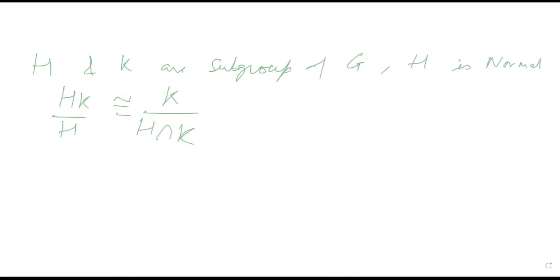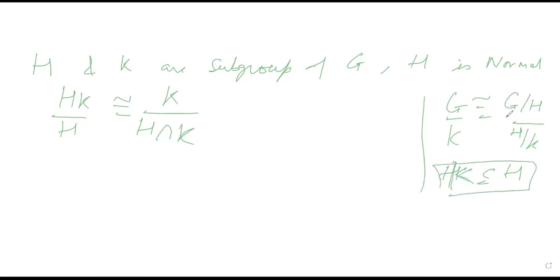And there is one more theorem, that is the third theorem of homomorphism, which is very similar. In that you will be proving that G by K is isomorphic to G by H upon K by H, and it will be given that K is a subset of H. This will be the third theorem that we will prove.